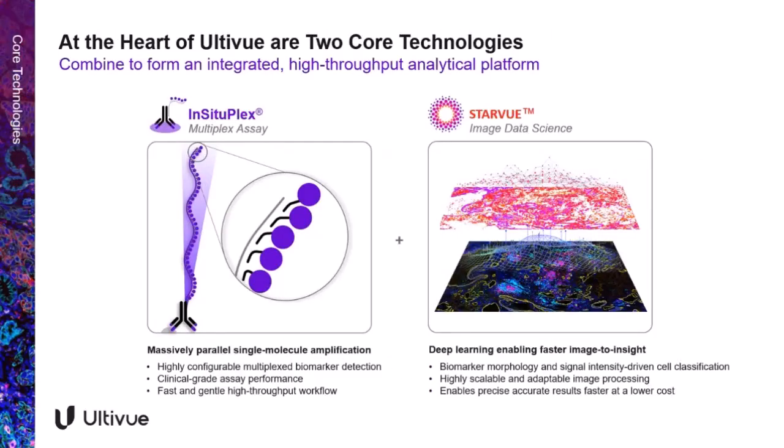And in this area, Ultivue developed two technologies that we offer to enable faster, high-scale, and robust and reproducible science there. On one end, we have our assay technology. It's easy to use, modular, and really meant for large-scale and high-throughput analysis.